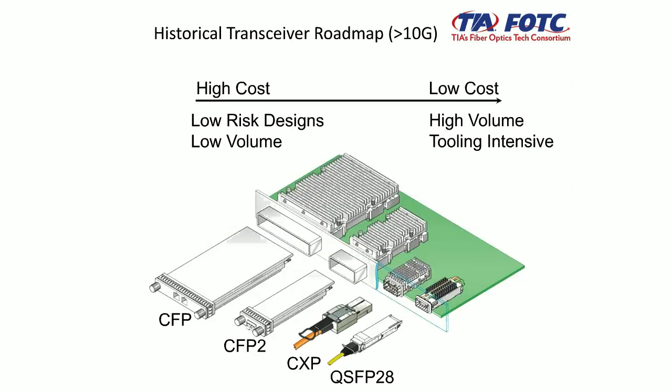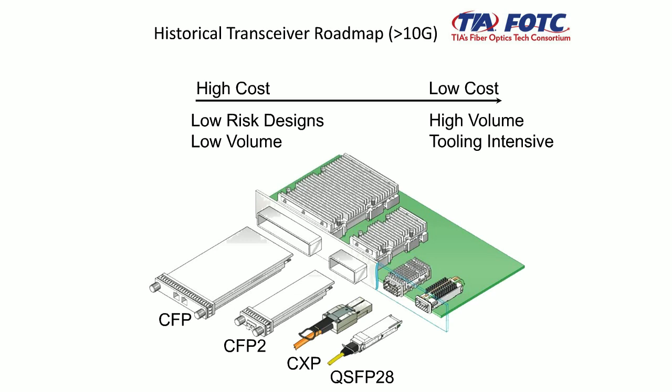So here's the roadmap for the transceivers going from high cost to low cost, and basically the same thing is happening above 10 gig. You're starting to take the components, the sophistication off of the transceiver, moving from left to right, CFP all the way down to where we are today with QSFP28, which is probably the most utilized higher speed transceiver form factor.